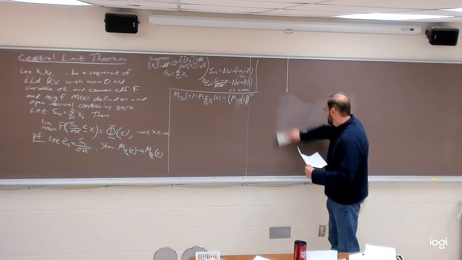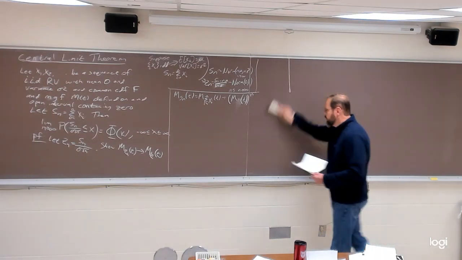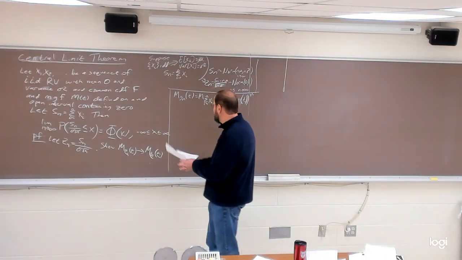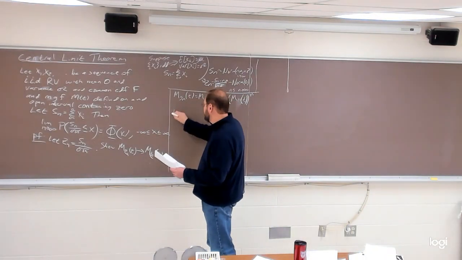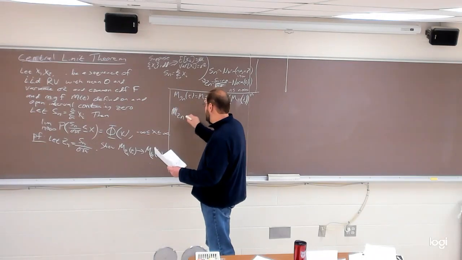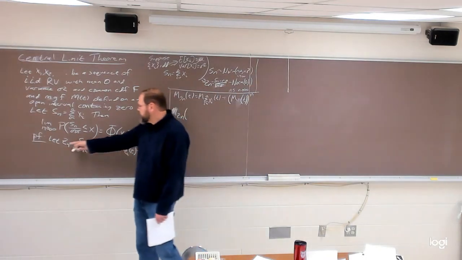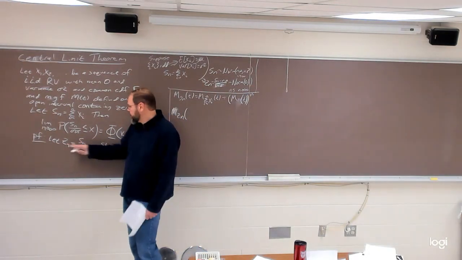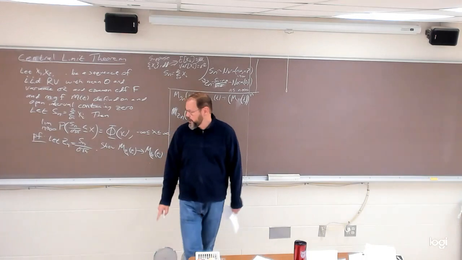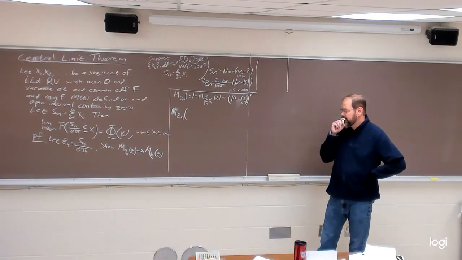Let's get rid of this and clean this up. We'll want that space in a little bit. And then the moment generating function for Z sub n. So what do we have here? My Z sub n is just a linear function of my S sub n's.